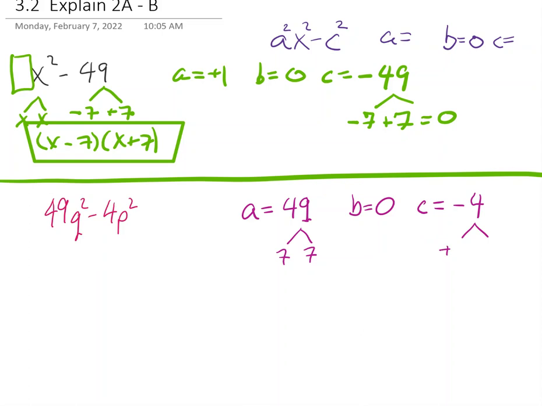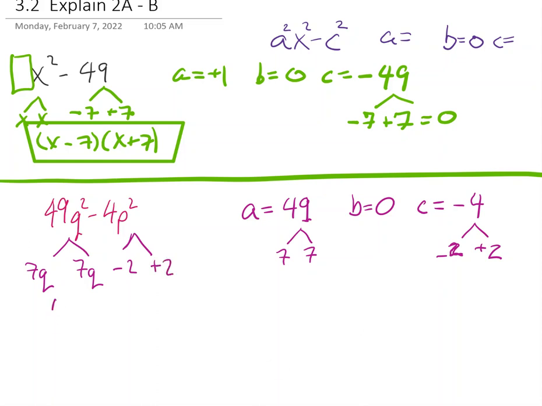So let me make that negative 2. Well, that's the ugliest 2 I ever drew. And a positive 2. Okay, so we come over here and we say, well, this seems to be working, so let's try it. There's a 7q, and over here, we're going to have negative 2 and positive 2.